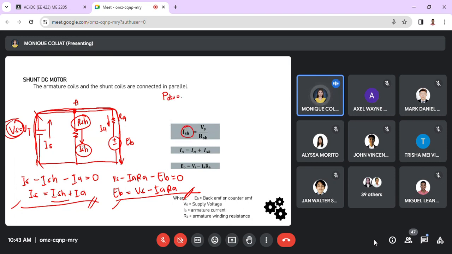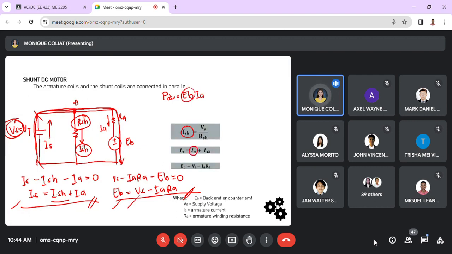So power developed is yan yung output power, and that is EBIA. Okay? Si EB dito manggagaling, si IA ay di kukuhanin nyo din.